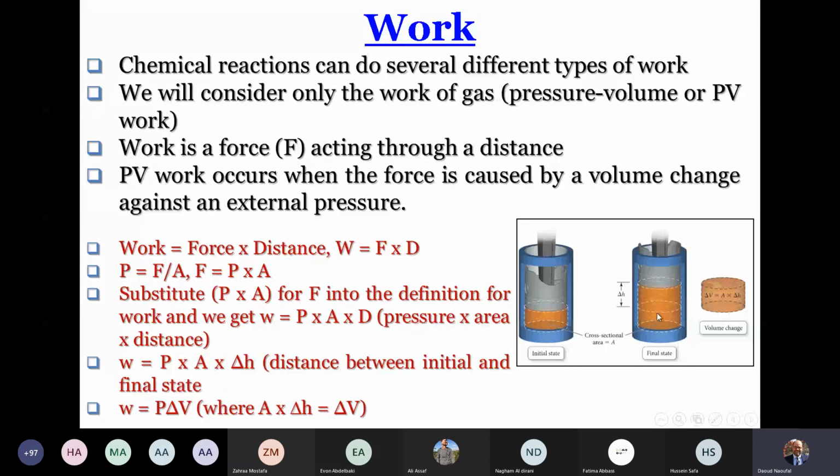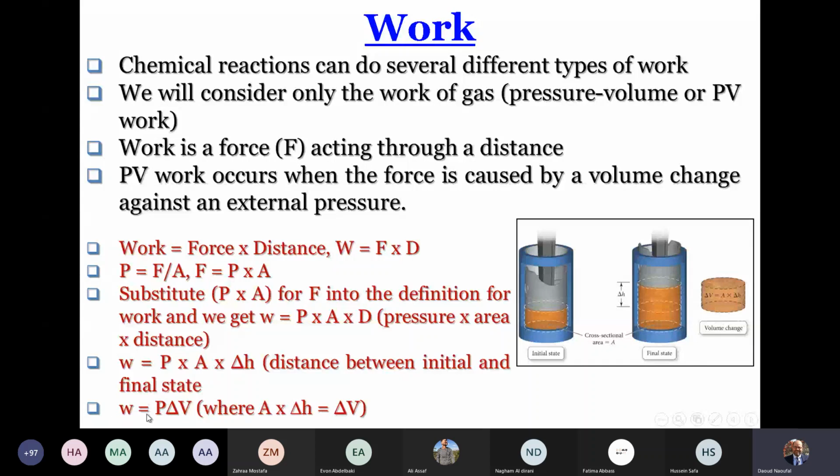So the initial state is the state before expansion, and the final state is the state after expansion. So the change of the volume before expansion and after expansion can be related to the difference of height. So W equal PA times delta H, and we know that area times delta H is the difference of volume.